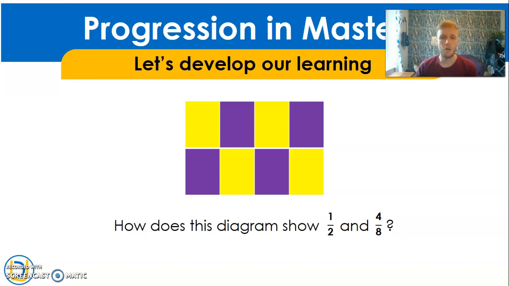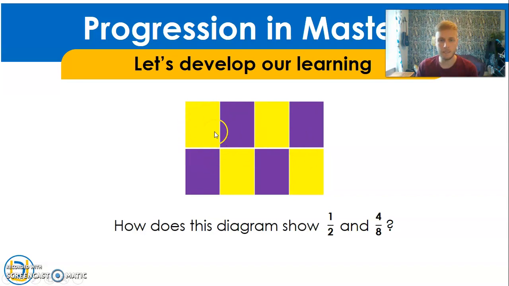Okay, so we've got 1/2. Now, if we were to rearrange these, and if, for example, we swapped this purple part with this yellow part, and we swapped this purple part with this purple part, we would have 4 purple parts here and 4 yellow parts here.